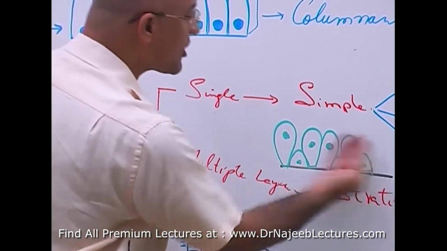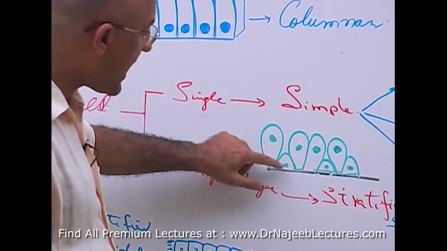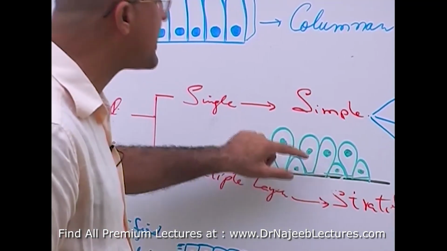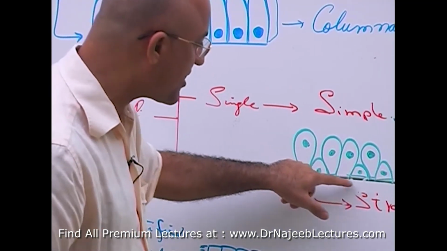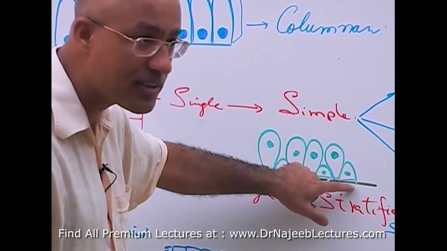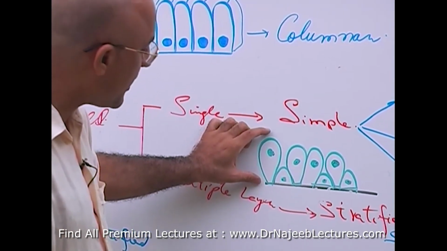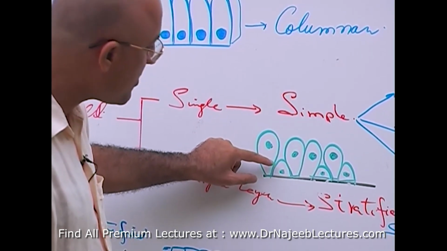So when you make a section under the microscope, due to the presence of nuclei at different levels, it looks as if this is stratified epithelium, but actually it is not stratified because every cell is resting on the, what is this? Basement membrane, right?